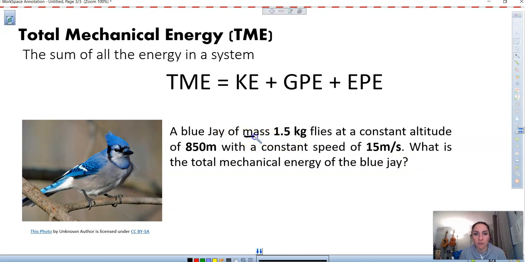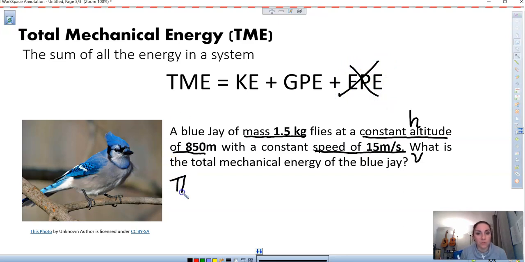So, of course, mass is important. Constant altitude: that altitude word does refer to height, so this is a height variable. And then the speed is a velocity variable. And notice that there's no elastic energy here, and that's okay. We just ignore that term, that whole thing's zero.